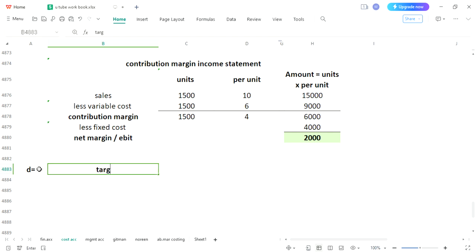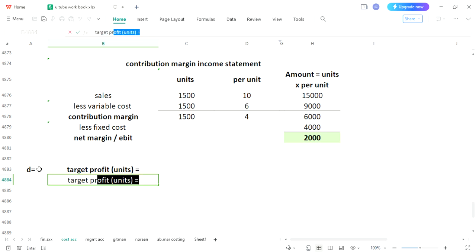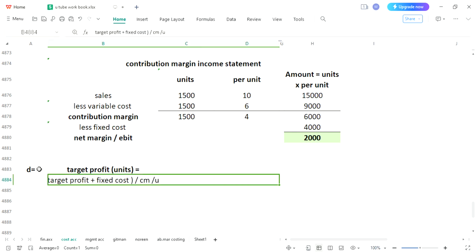So for this, target profit units need to be calculated, for which we have a formula: target profit, and you will add fixed cost and divide it by CM per unit. Okay, this is our formula, and why not write it in a proper manner.